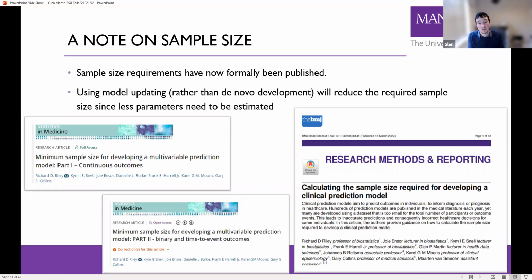And because the number of parameters has been reduced, according to these sample size criteria, the required sample size will also reduce, as compared to just starting from scratch. And so this links quite nicely with that previous result in the sense of you should only really consider starting from scratch if you have sufficient data available.